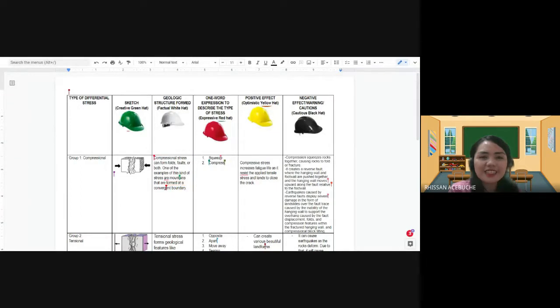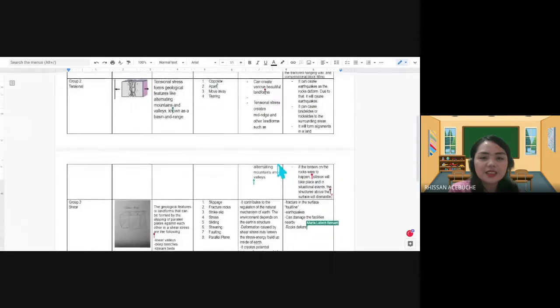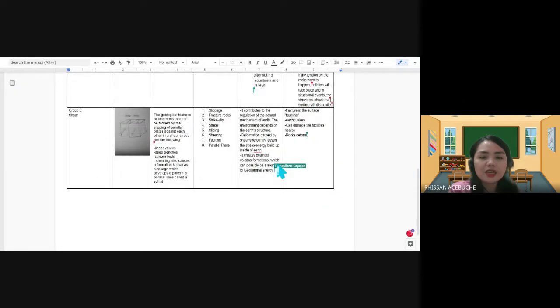Last 2 minutes. I think they're almost done. They're just giving finishing touch to their work. All right. So if you are done working on your activity sheets, even though the time is not yet over, you can actually go back here to our main link.